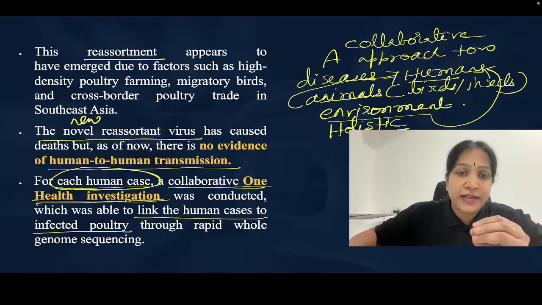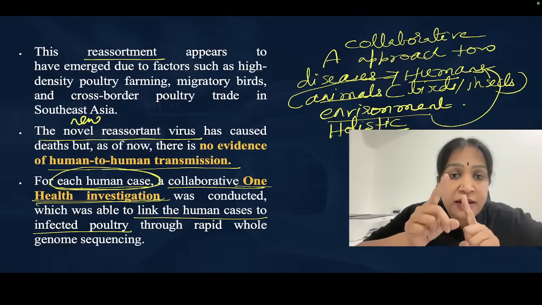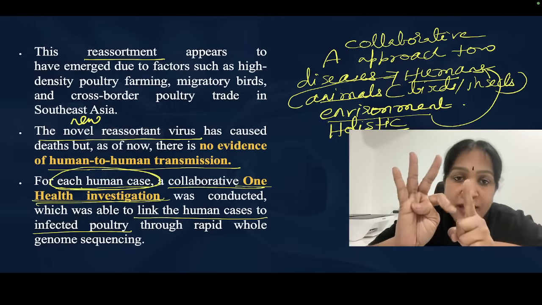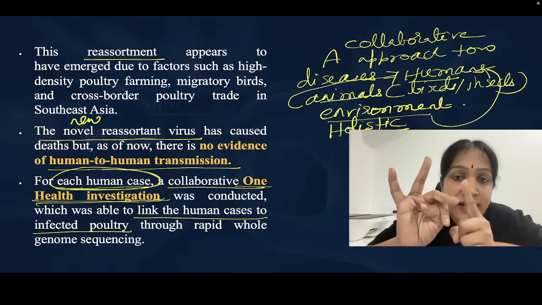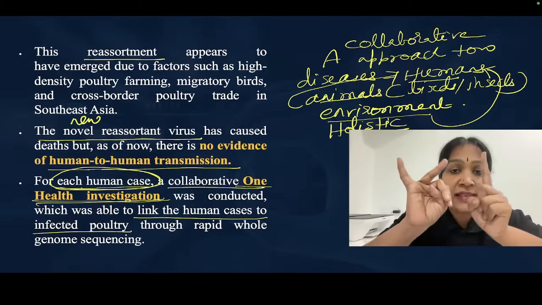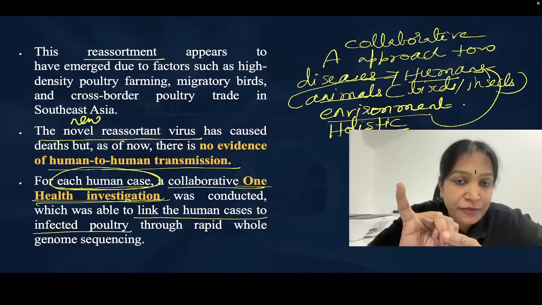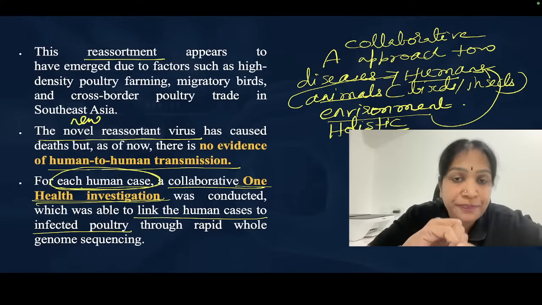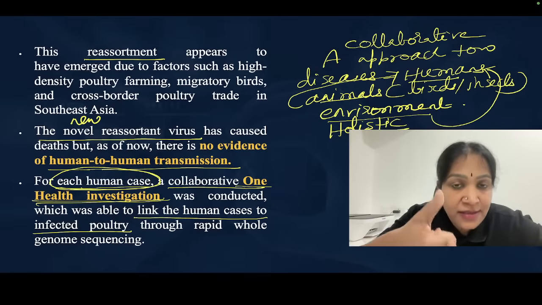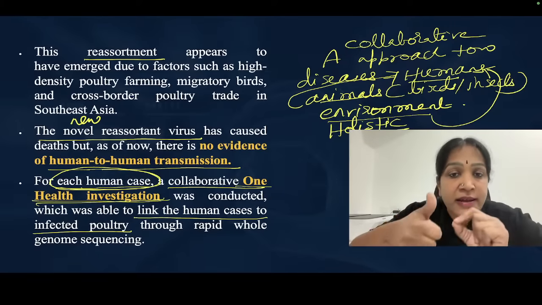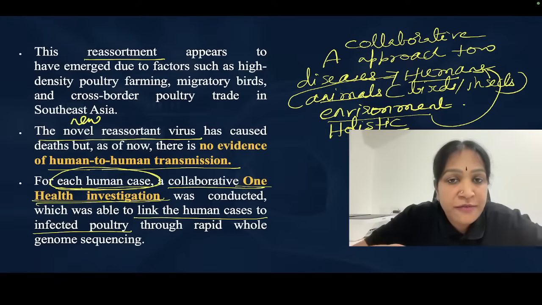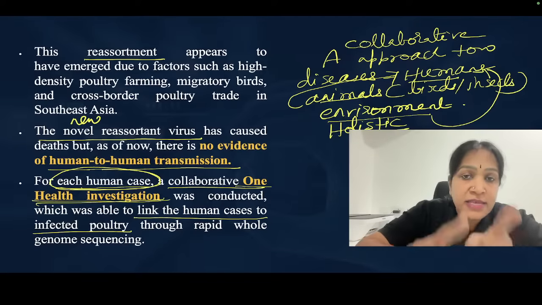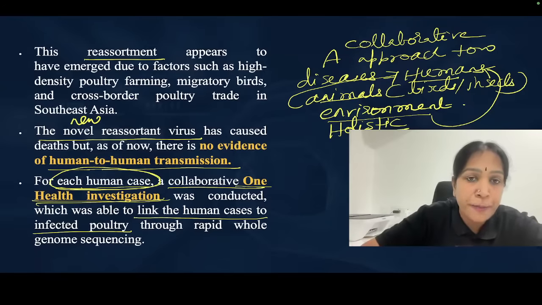What they have done is, they have taken the infected poultry, that is the bird, isolated the H5N1, and did the DNA sequencing, and they have taken the human sample from the infected person, isolated the H5N1 and did the DNA sequencing. Interestingly, the DNA sequence of both the H5N1 is matching. It means the human is getting this infection from that bird. I hope it is clear.